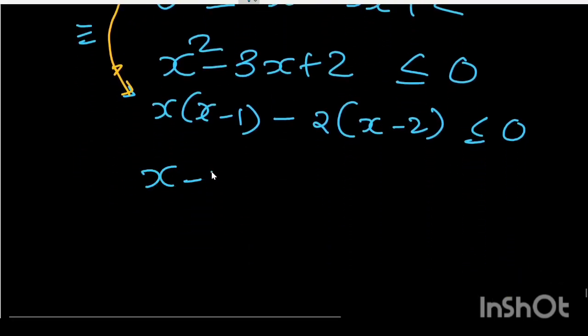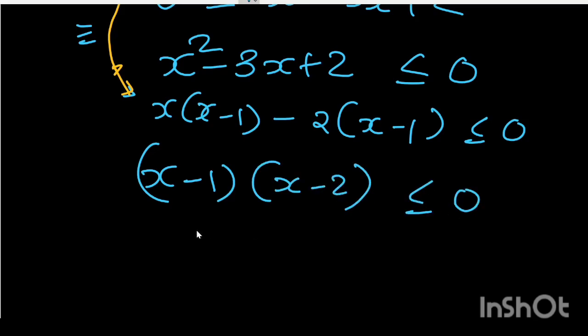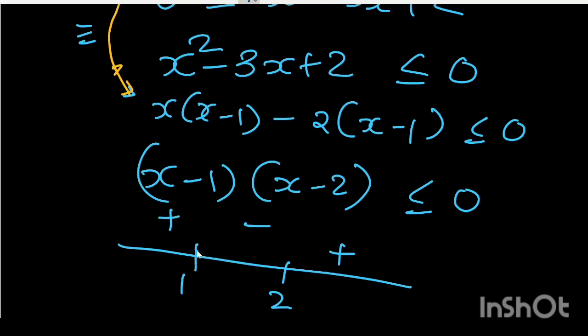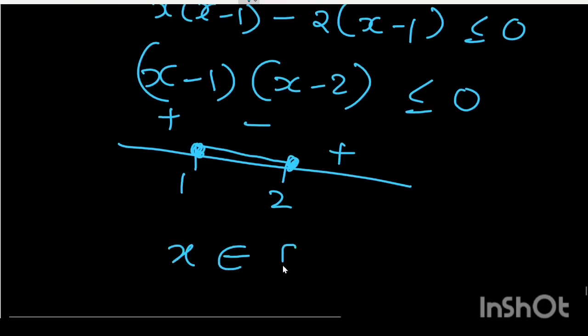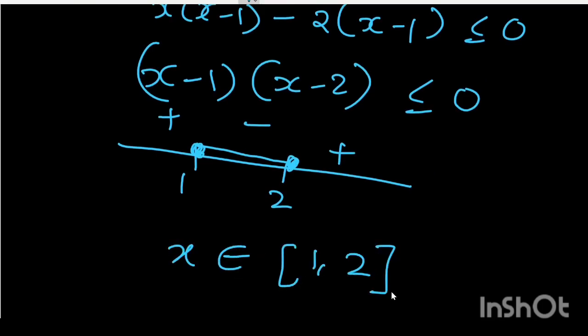So x minus 1 will come out, this is minus 1, it's not minus 2, guys. x minus 1, x minus 2 less than or equal to 0. Now using the rule for x minus alpha, x minus beta, with the signs plus, minus, plus and the roots 1 and 2, we choose the minus sign. So 1 to 2 is the answer. x belongs to the closed interval 1 to 2, both included. Okay, so that way we can do it.